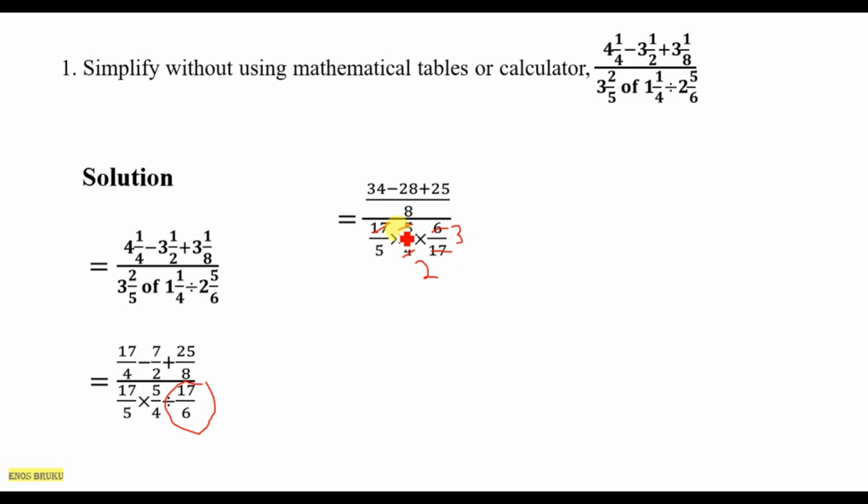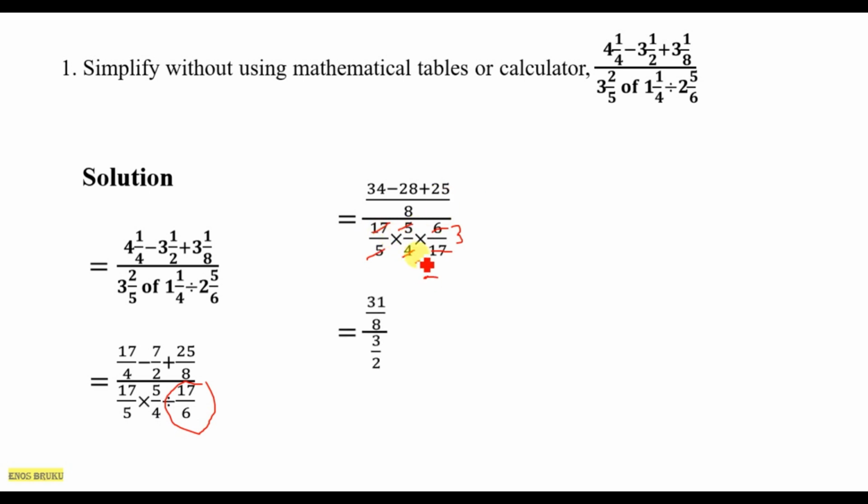This 5 will also cancel itself. So down here we are left with just 3 over 2. And on top here we have 34 minus 28. And 34 minus 28 is, what does it give us? It gives us 6. So 6 plus 25, what does it give us? It gives us 31.